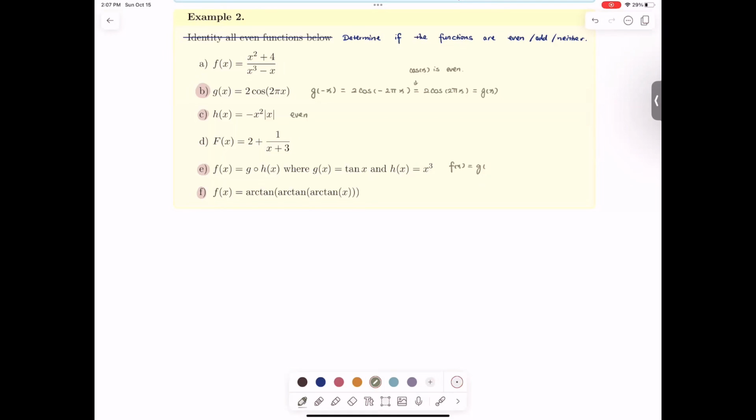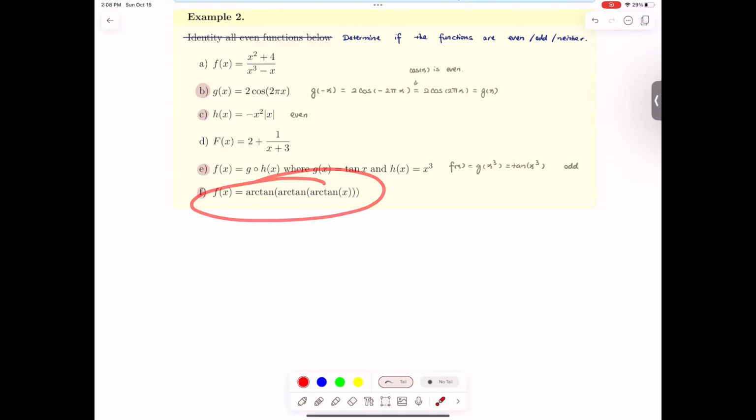So g composed with x cubed, which is tangent of x cubed. Is tangent of x cubed even or odd? Do you need to do computation? It's odd, because the tangent function is odd. If it's a multiple choice question, you don't even need to do the computation.